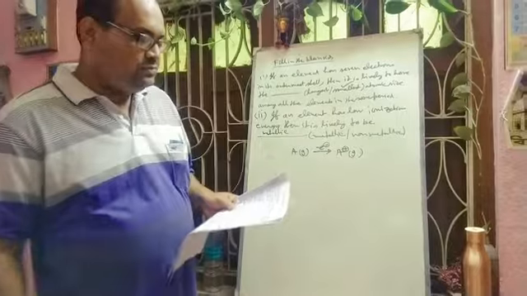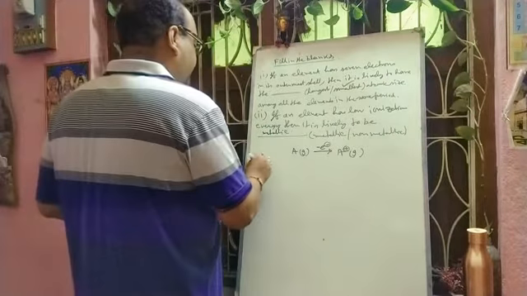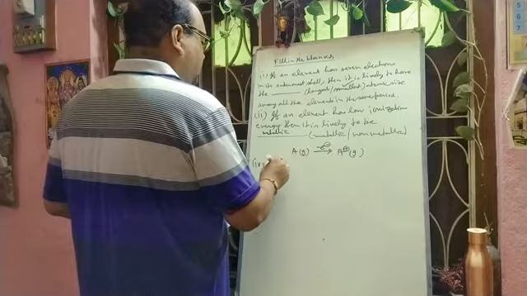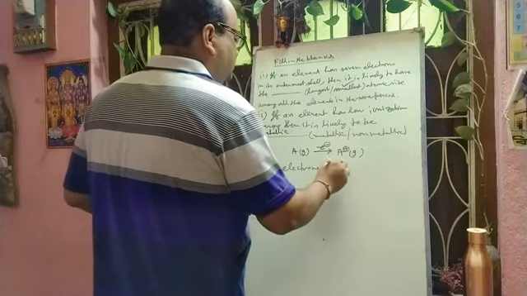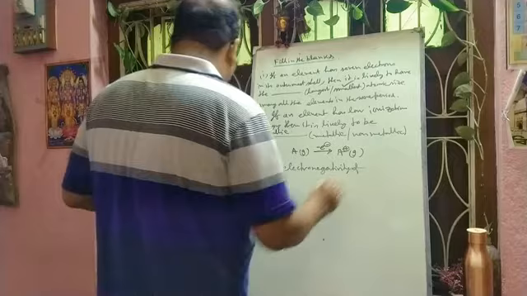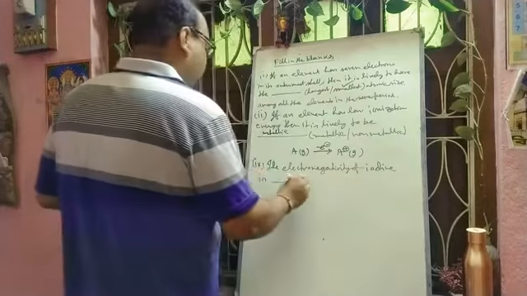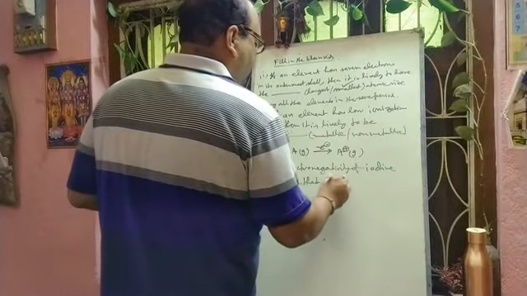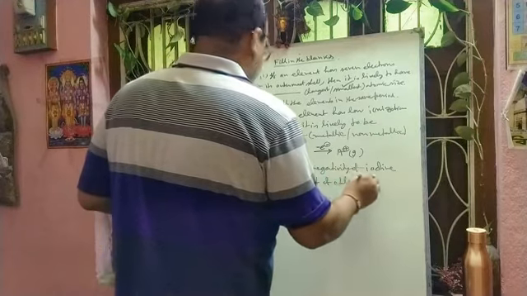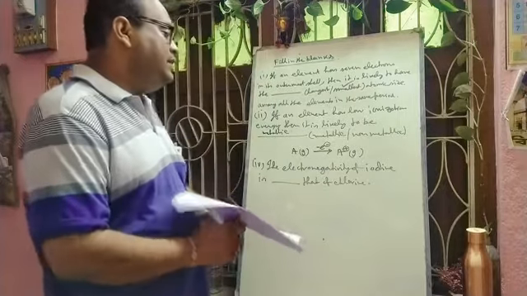Okay. Next question is given: the electronegativity of iodine is dash that of chlorine. So what is the electronegativity of iodine and chlorine?